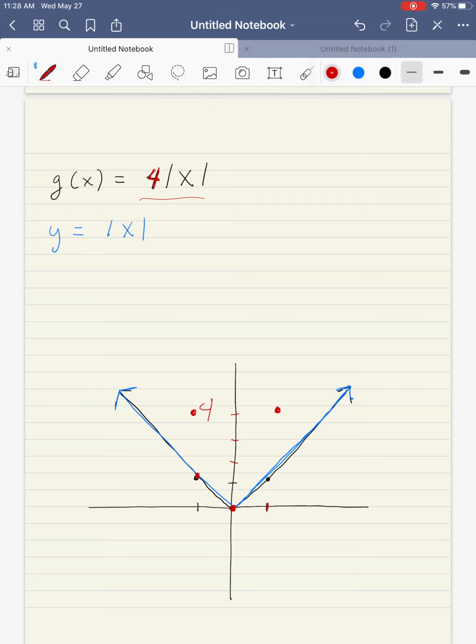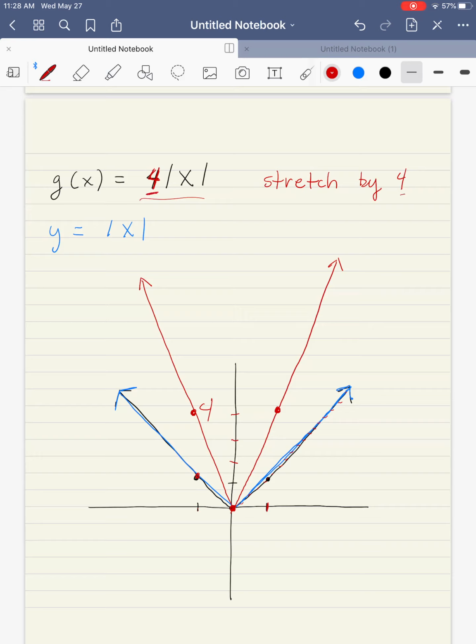So what happens is that every single one of these points on my graph, y equals absolute value of x, every one of those y values is multiplied by 4. And what happens is that our entire graph is stretched by a factor of 4. So this is a stretch by 4.